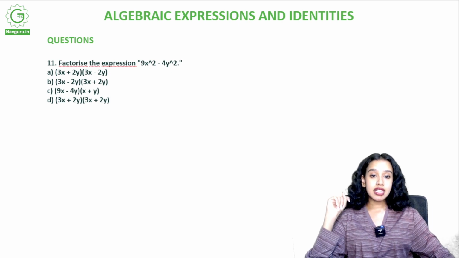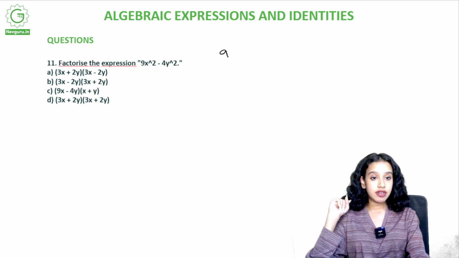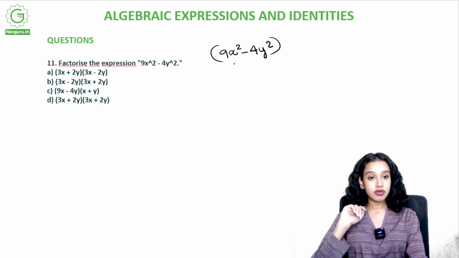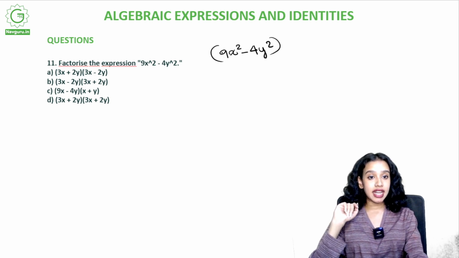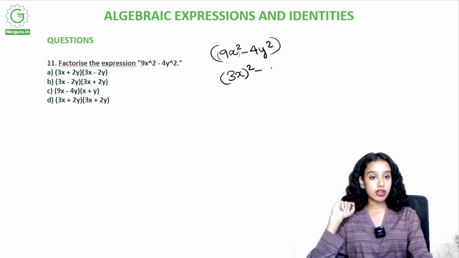Now factorize the expression 9x square minus 4y square. We have 9x square minus 4y square. Let's say we could write 9x square as 3x the whole square, right? Minus 4y square as 2y the whole square.